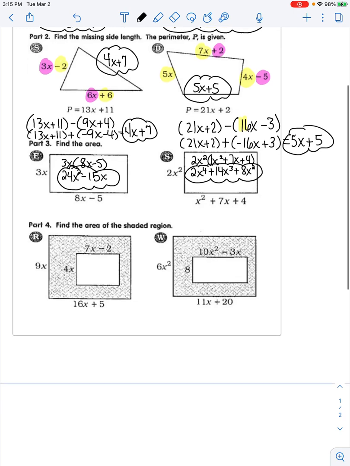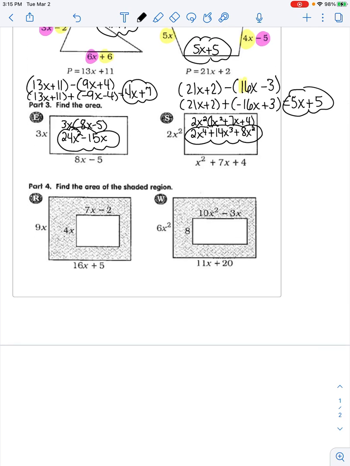Now let's take a look at the last part. In the last part, they want us to find the area of the shaded region. So on the first one, we're going to have to find the bigger area, the area of the smaller rectangle, and then subtract those. So let's do the big one first.